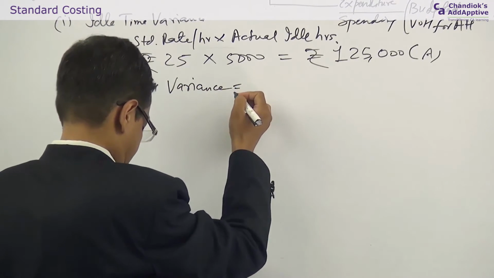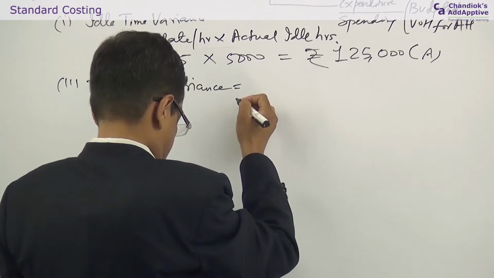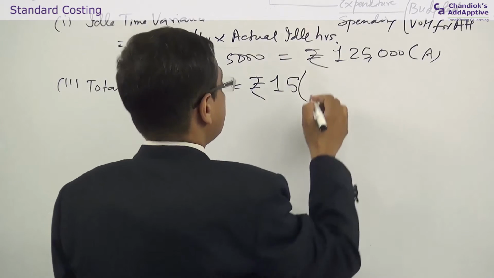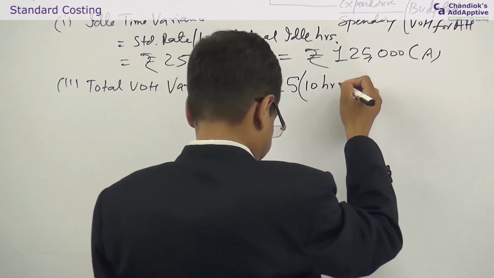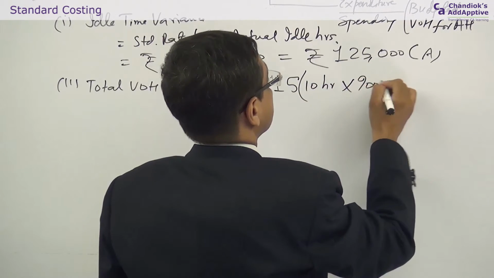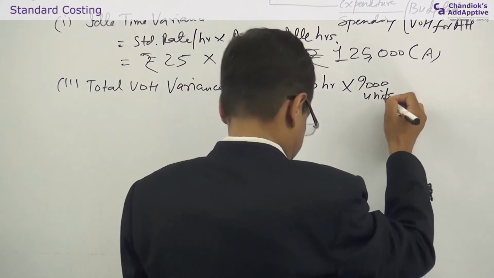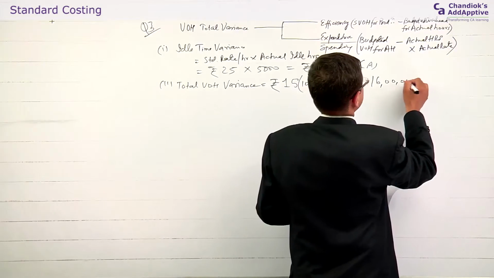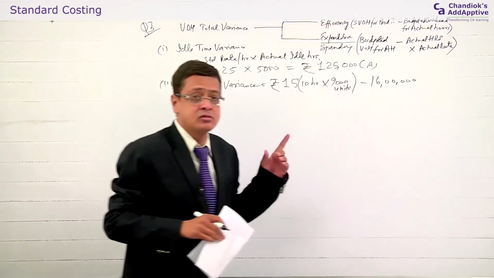This is rupees 15 into 10 hour into 9,000 units minus 16 lakh. What is 16 lakh? This is the actual cost.